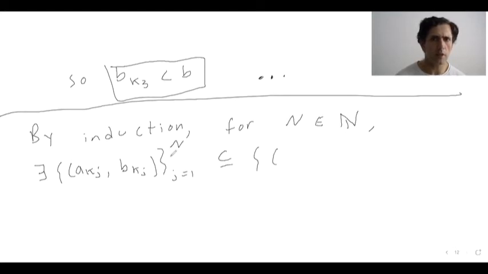Okay, so by induction, for any natural number big N, we can find intervals among this collection of intervals where the following is true. First of all, we absolutely need this to basically get started: a is between ak1 and bk1.